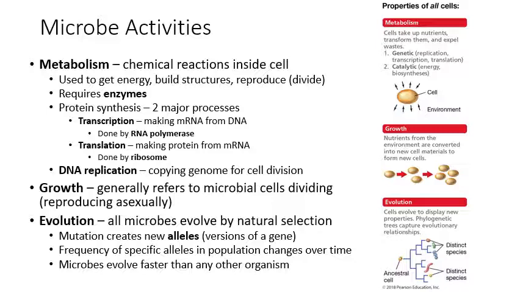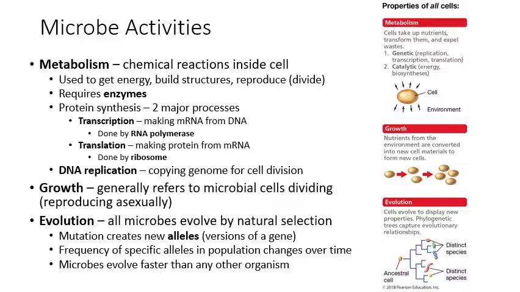As you remember from intro biology, an allele is a version of a gene. So for instance, if you have a gene for eye color, you could have a brown version, green version, blue version. These will all be different alleles. You could have a brown allele, a green allele, a blue allele for that gene. The actual sequence of nucleotides in each of those alleles would be slightly different.